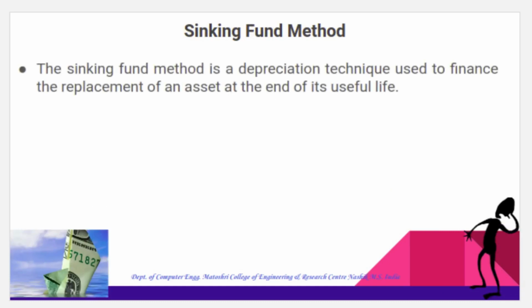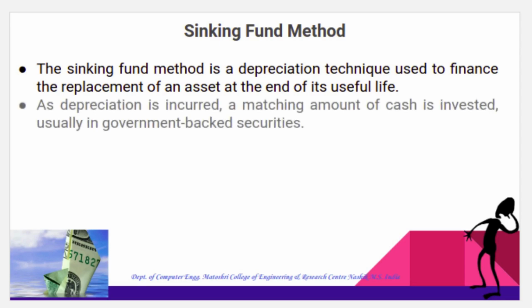The sinking fund method is a technique for depreciating an asset while generating enough money to replace it at the end of its useful life. As depreciation charges are incurred to reflect the asset's falling value, a matching amount of cash is invested. These funds sit in a sinking fund account and generate interest.